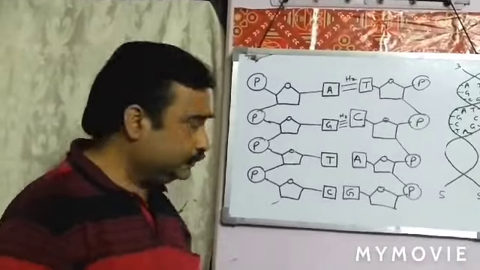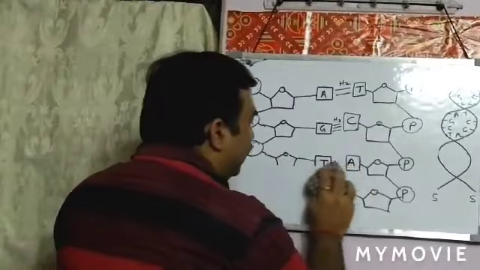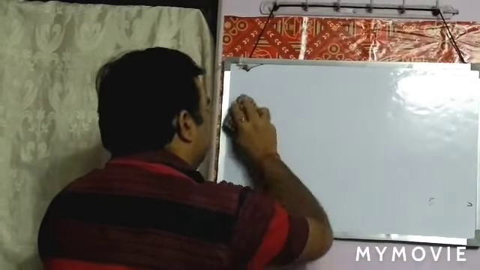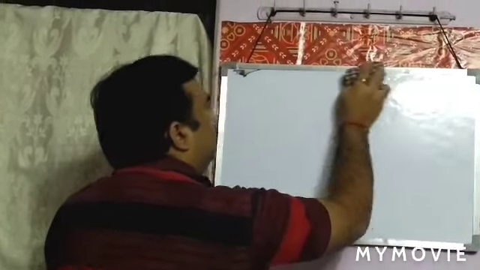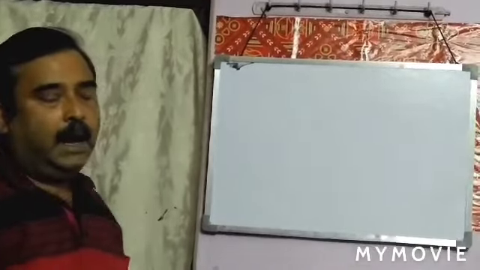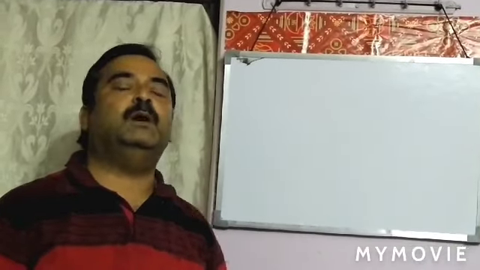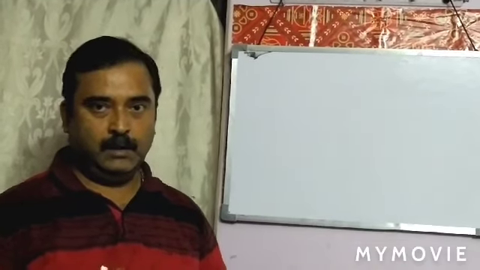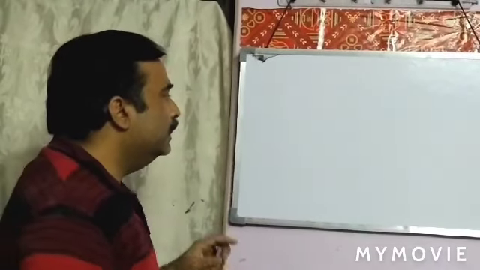Clear? Now, this DNA further goes for coiling, and that coiling is responsible for the formation of the nucleosome. How is this nucleosome formed?